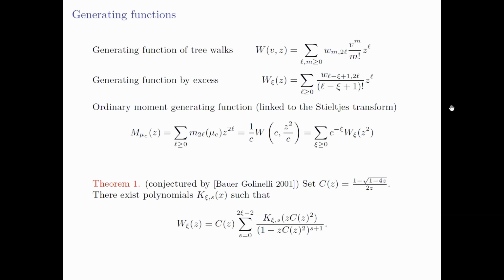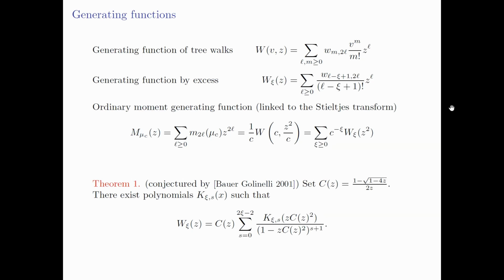So, okay, now we introduce generating functions. We have to. So capital W is going to be the generating function for all my tree walks, v marking my vertices, and z my half length of the walk. And I extract W_psi for the walks of excess psi.